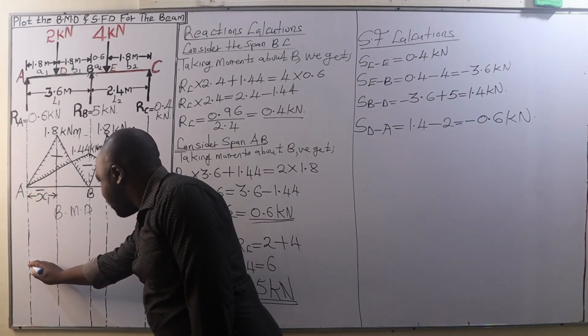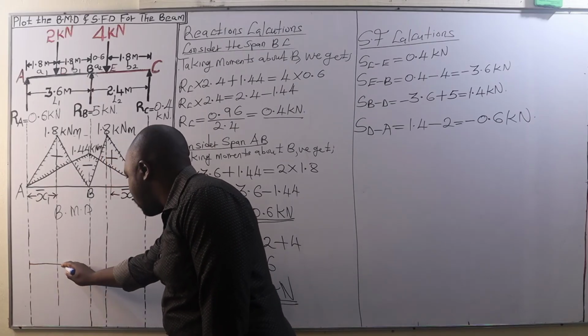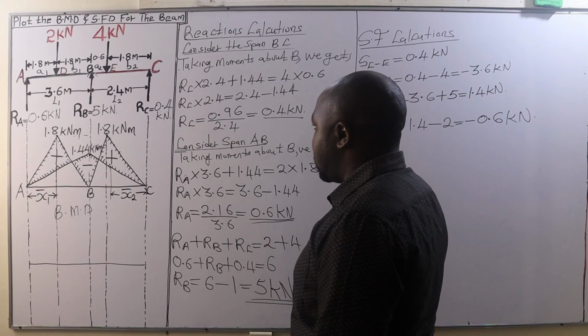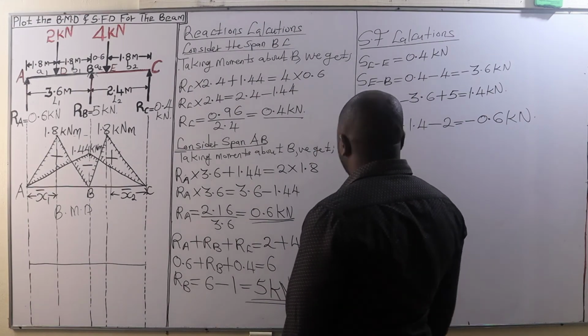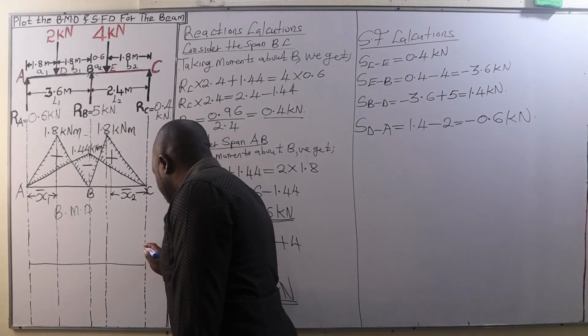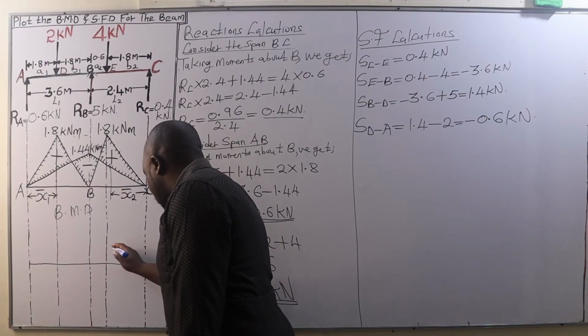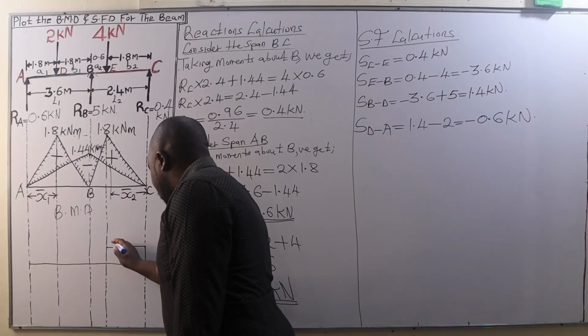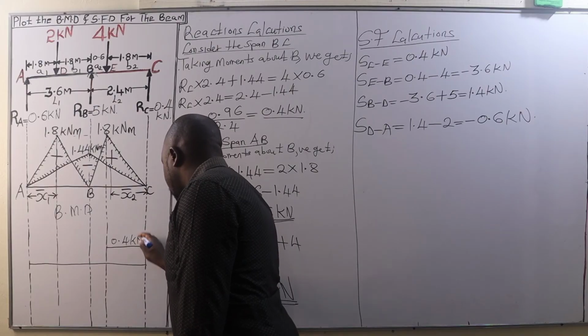We are going to have that line of origin. We begin with the shear force between C and E, which is 0.4 kilonewtons positive. So approximately that point, like that. So that is 0.4 kilonewtons.